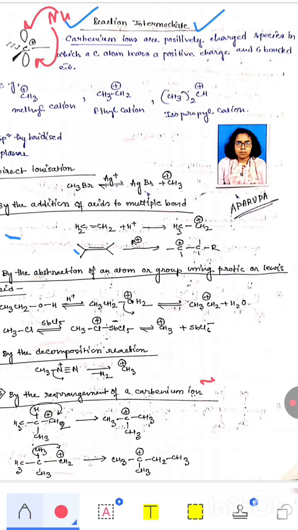If one is optically active, obviously the other product should also be optically active, so we get R as well as S. These are a mixture of two optically active compounds, isomeric in nature, mostly enantiomers. So we say this is nothing but a racemic mixture.